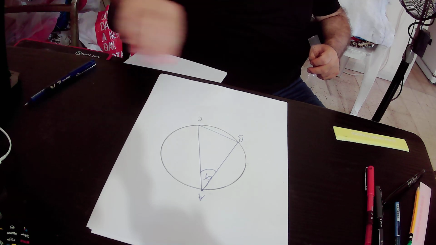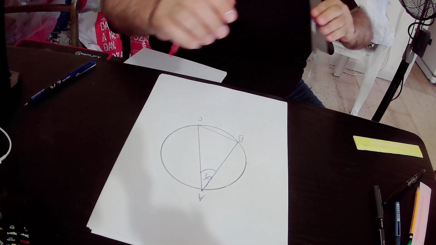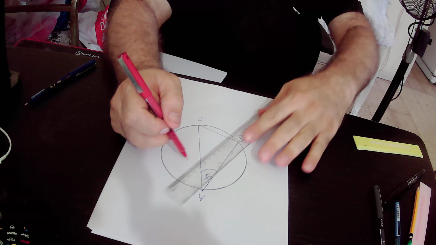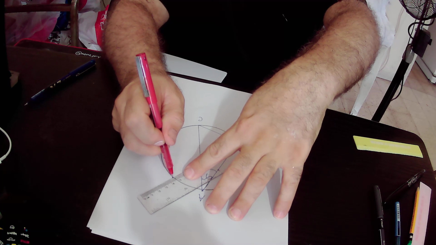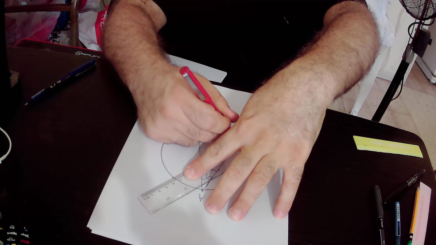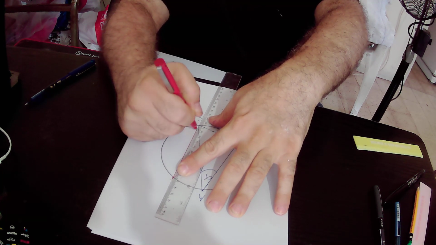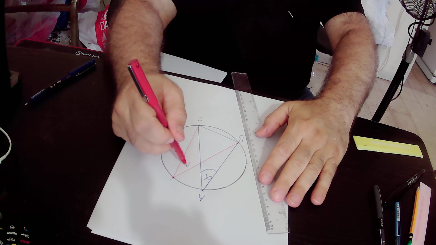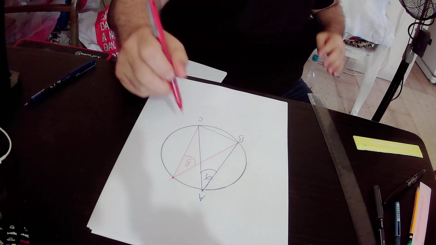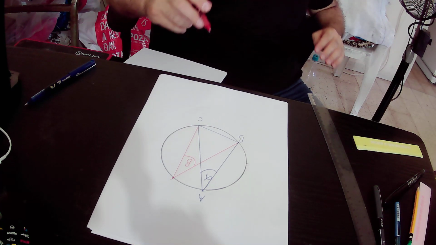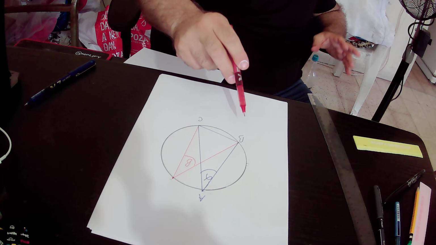And we have another peripheral angle beta that rests on the same chord BC. You can see from the drawing that peripheral angle beta rests exactly on the same chord BC.